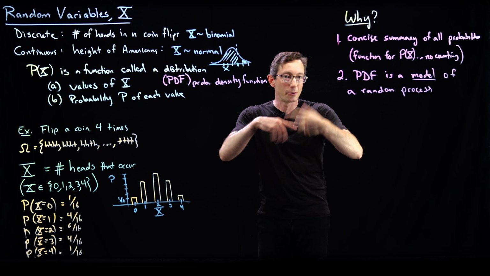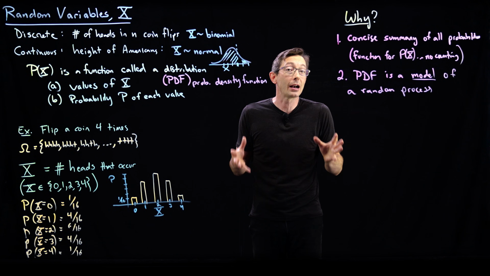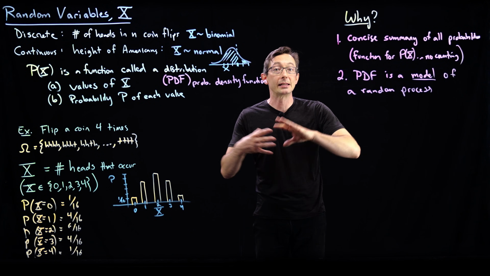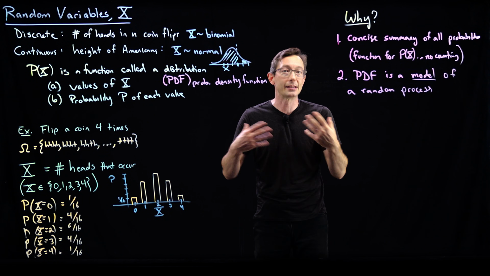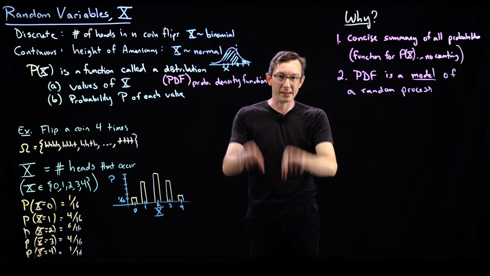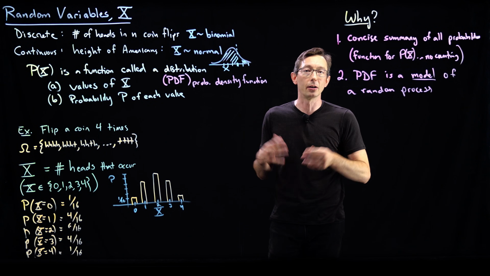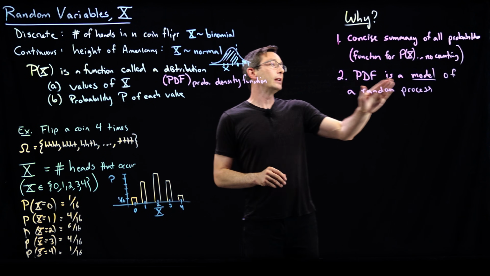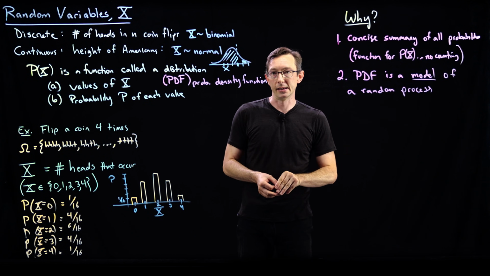I might neglect rotational effects. There are all of these approximations I make to get my simple ballistic trajectory, or my simple F equals ma descriptions, or my simple Galileo's Tower of Pisa constant gravity. All of these things are approximations. That's also true in probability. The PDF is just a model of a random process.